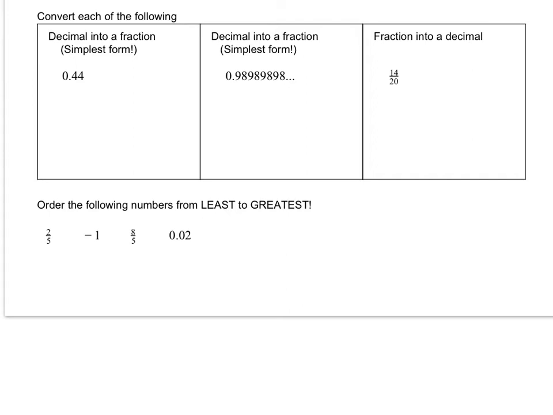Decimal into a fraction in simplest form. All you have to do is read that decimal. When you read that decimal, it's 44 hundredths. So you're going to write 44 over 100.